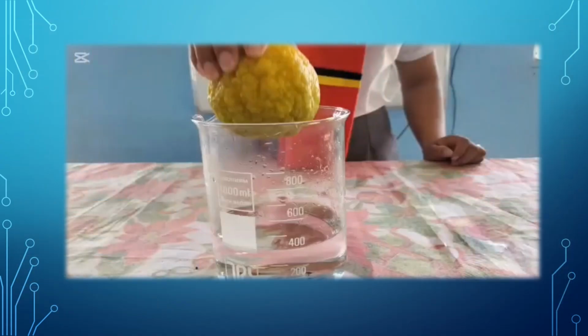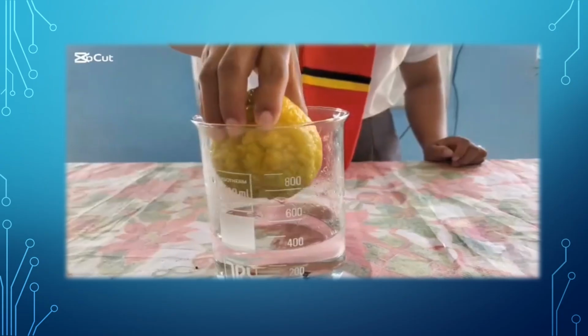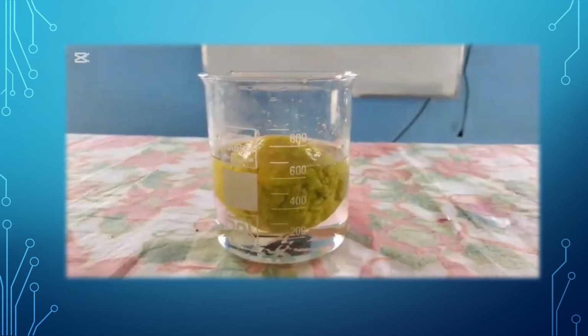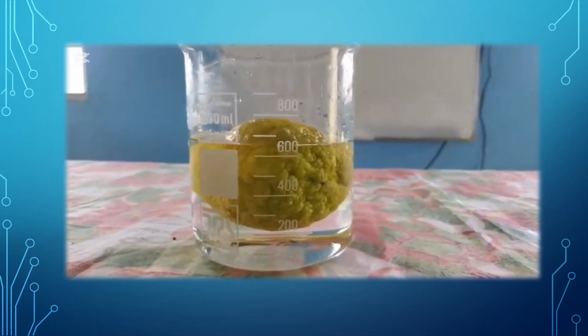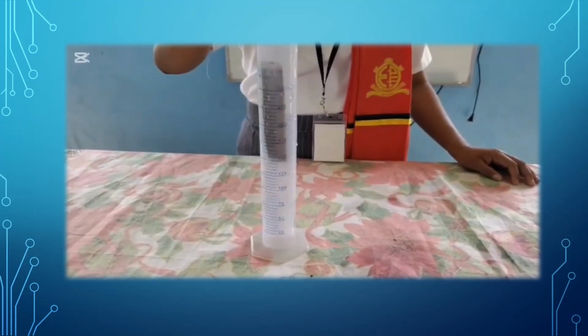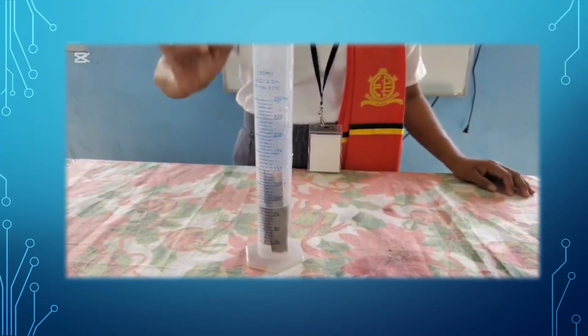So here is a short video of what we did during the experiment. The lemon was placed into the beaker, followed by a piece of wood.